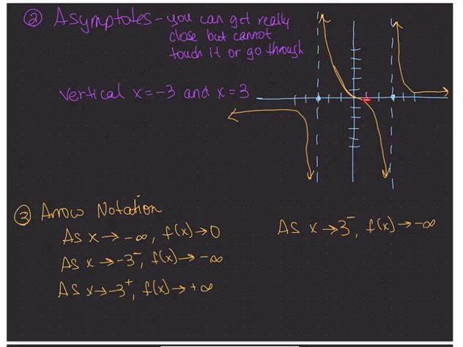And since we approached it from the left side, we know that we can also approach it from the right side. So as x is approaching 3, but now we want to talk about it from the right side, so that's going to be 3 from the positive side. Where's our f of x going? Oh, positive infinity.